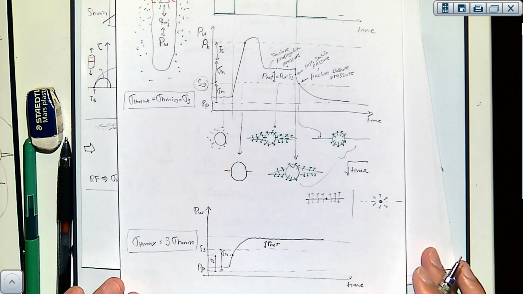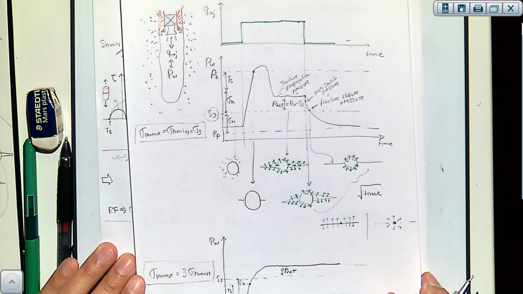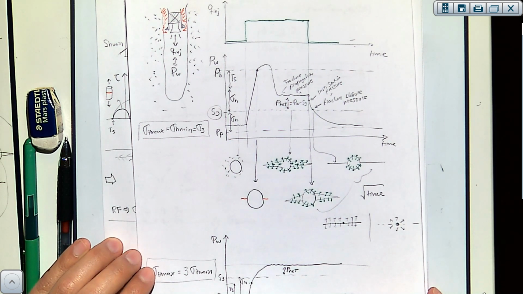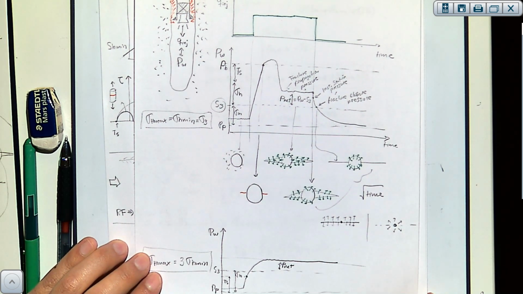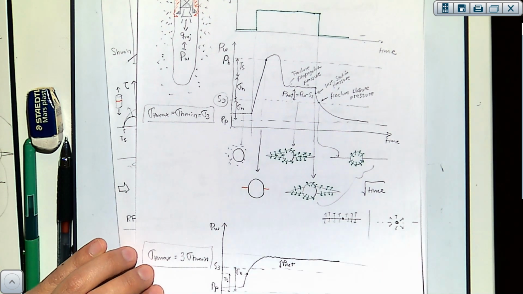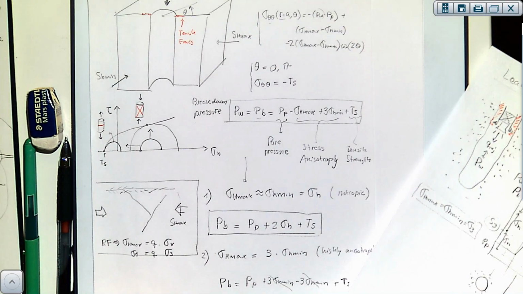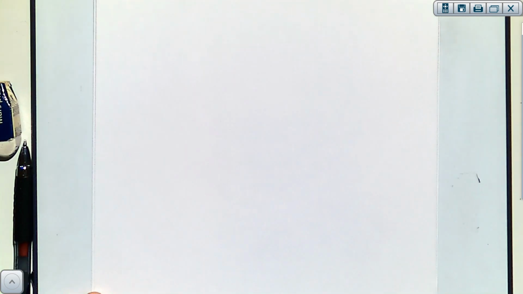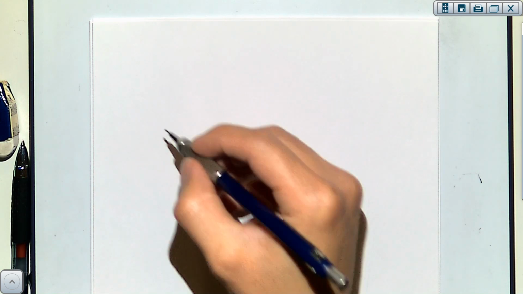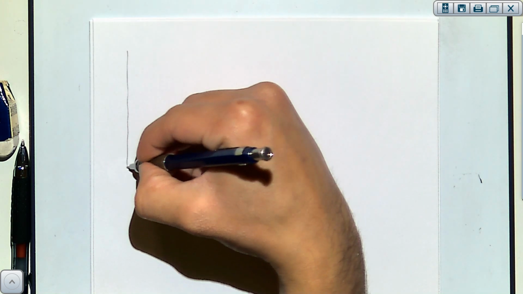Okay, so let's try to see this in the context of vertical and horizontal wellbores. And let's see how now those small drilling-induced tensile fractures will grow into a large hydraulic fracture.